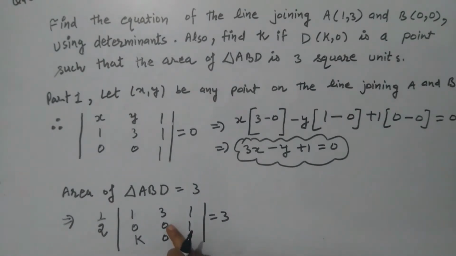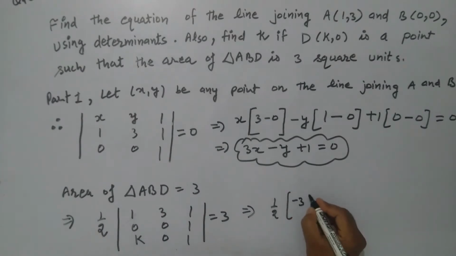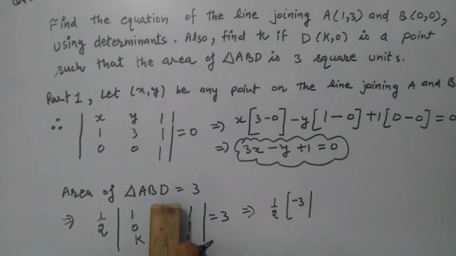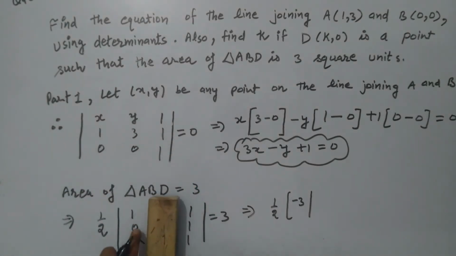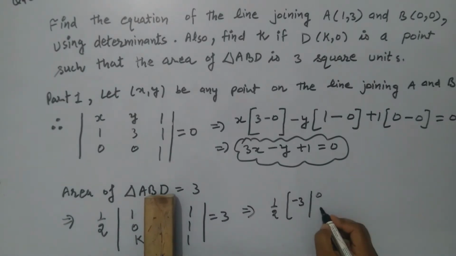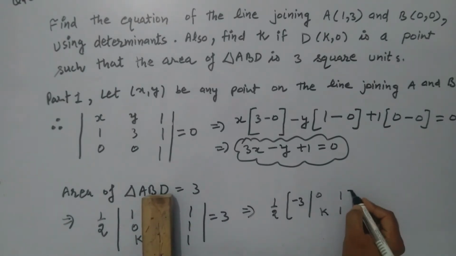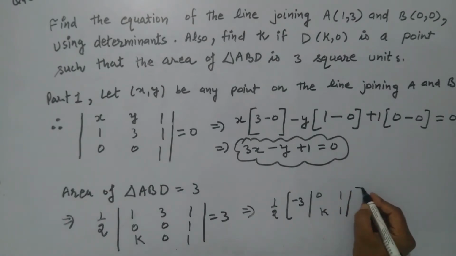Most of the elements are 0 in column 2, so we expand this about column 2. We have 1 upon 2 into plus minus minus 3, corresponding to 3. We eliminate its column and row. We are left with the determinant of 0, 1, k, 1, whose value is 3.